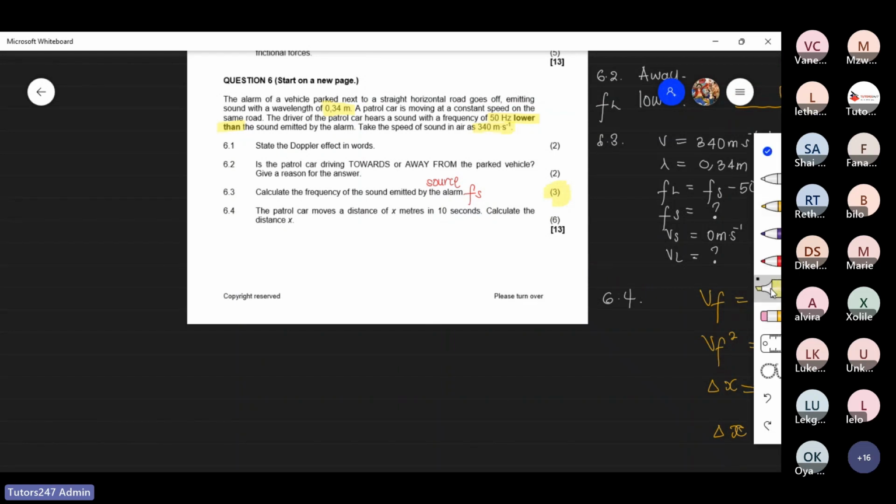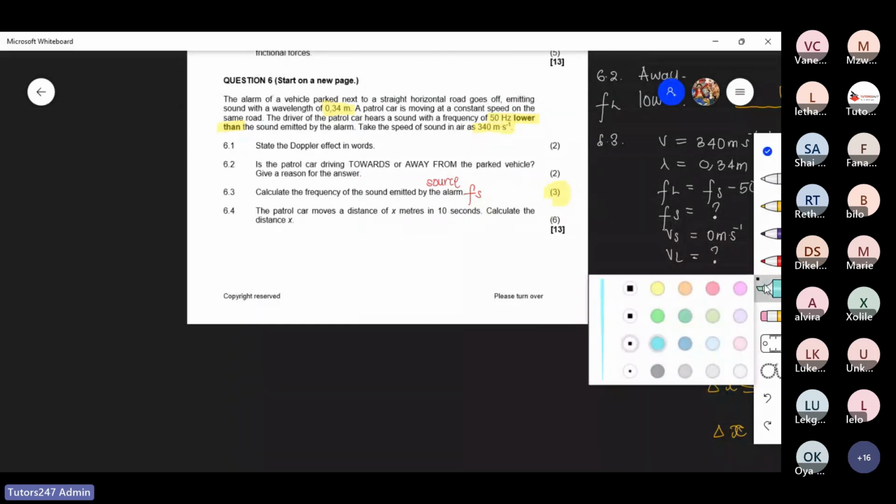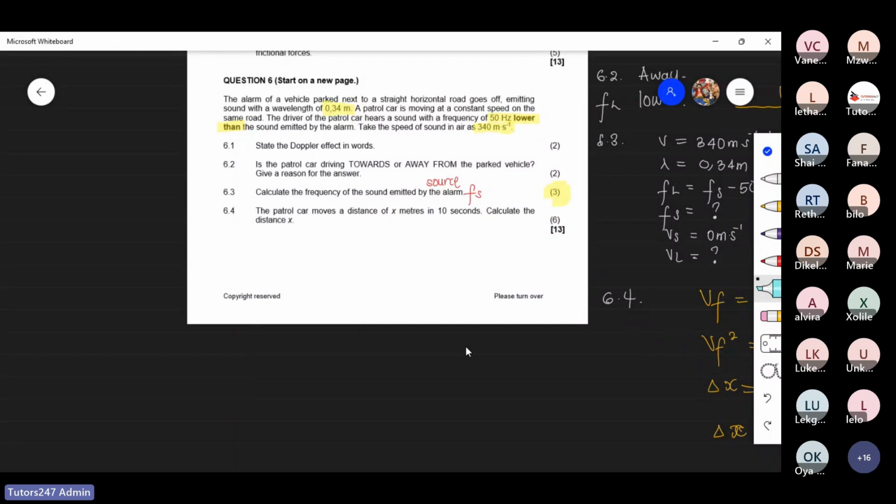Now that we've read the question once more, there's a statement that stands out given what we are calculating. The patrol car is moving at a constant speed. Constant speed implies acceleration is 0. Always remember that.